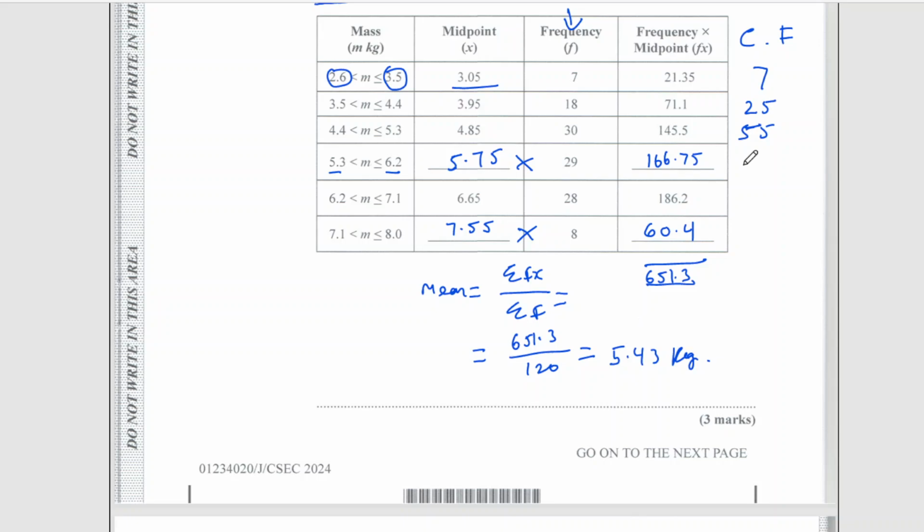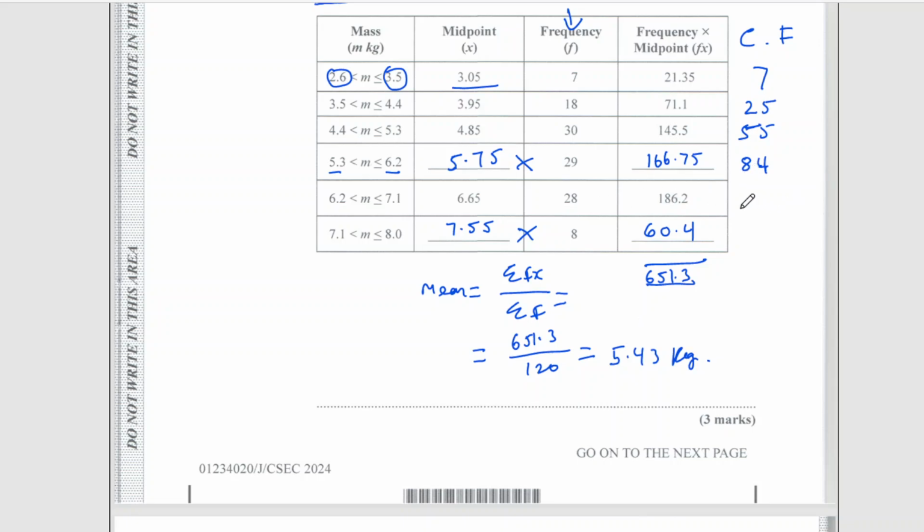So I've shown you two ways, right? So to get this missing number here now, we will take the 29 and add it to 55, and we will get 84. Or we take this 29 and we just add all that come before. 29 plus 30 plus 18 plus 7 and we will still get the 84.